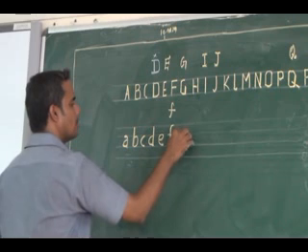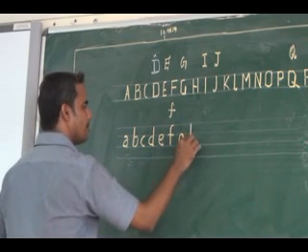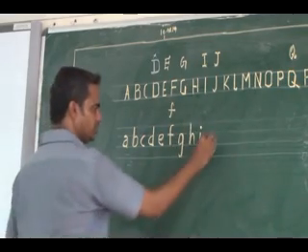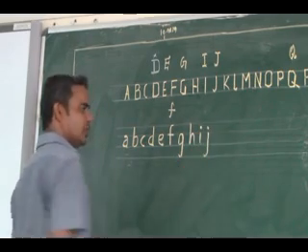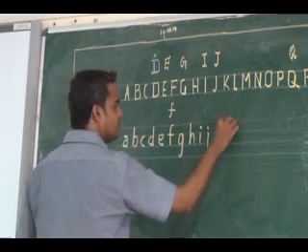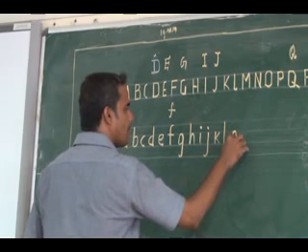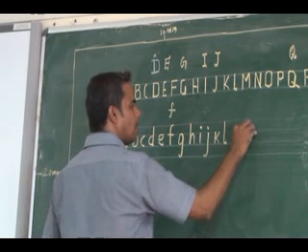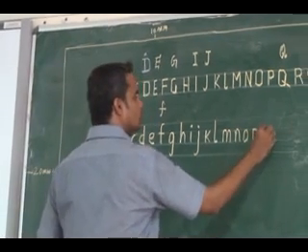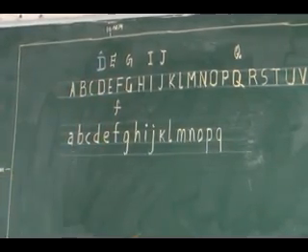G. H, I with a dot, J with a dot, K, L, small line there, M, N. G and Q, you have a difference, right?